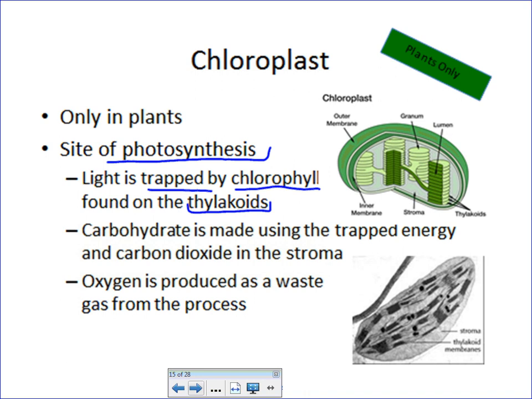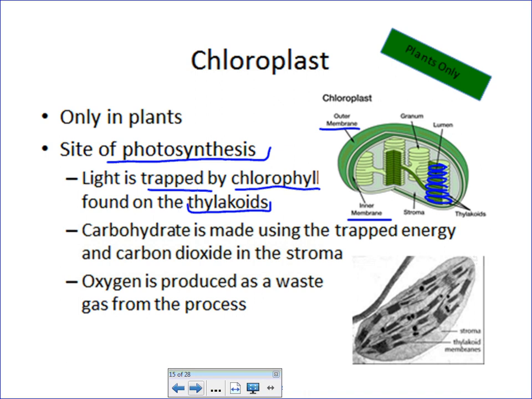Chloroplasts are also double membrane organelles, so they have an outer membrane and an inner membrane. The inner membrane is not folded like mitochondria, but instead chloroplasts have these stacks of discs, referred to as thylakoids.